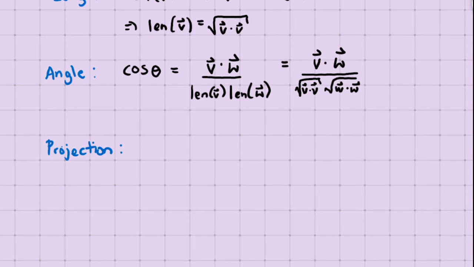We begin along the same lines, so we can say that the vector u is going to be the length of u, which we figured out was the length of v times cosine theta.